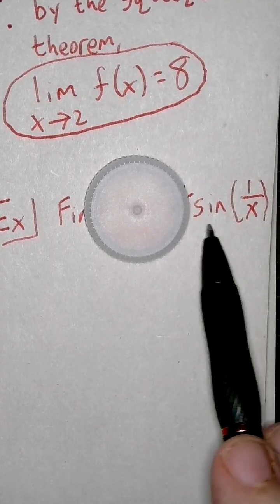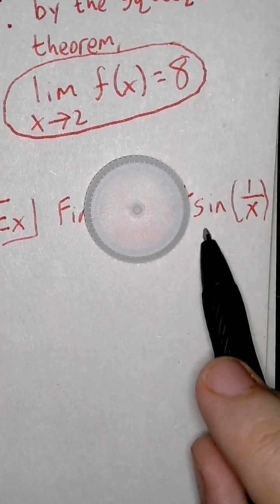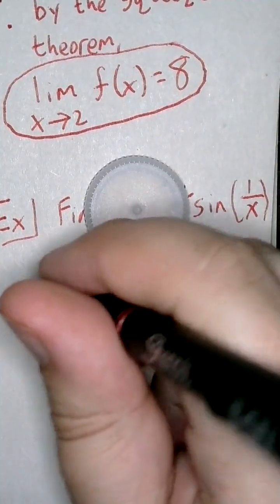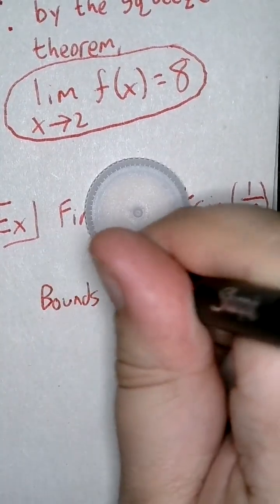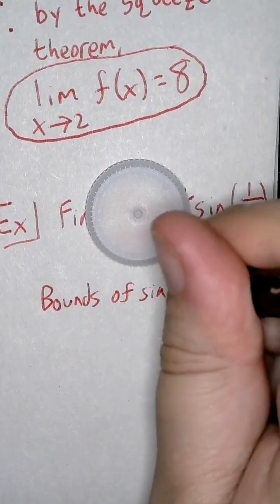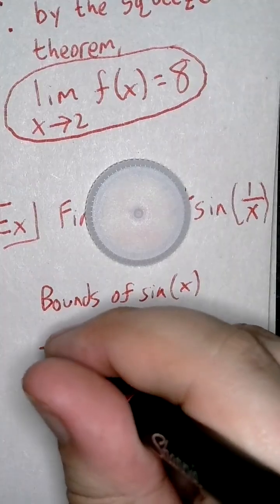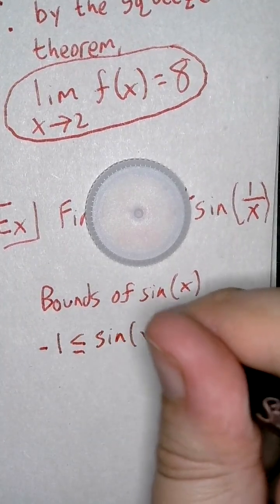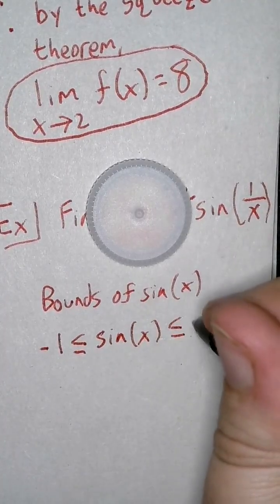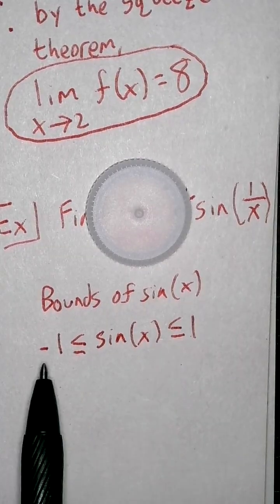So the bounds of sine of x are this. So negative 1, so here are the bounds of sine.